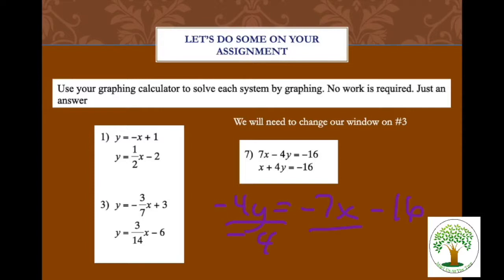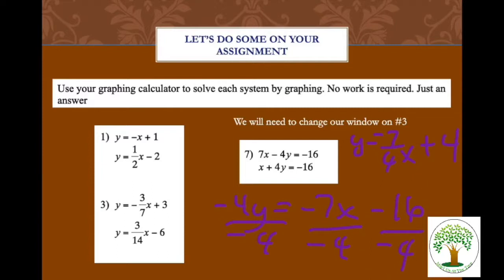Divide by a negative 4. And we'll have y equals positive 7 over 4 x plus, that's going to reduce down to 4.